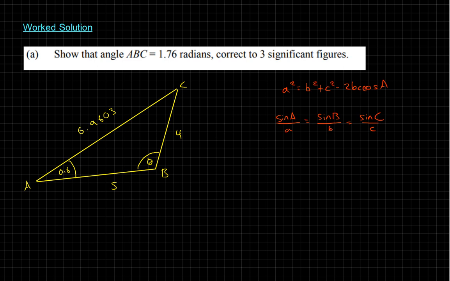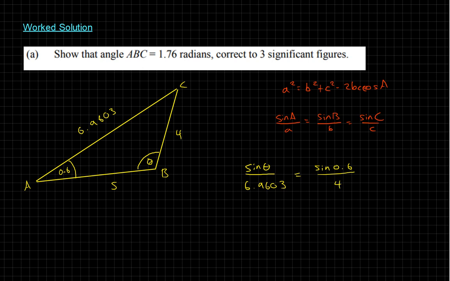In this case, I want theta, and I've got its opposing side, and we've also got 4 and its opposing angle here. So therefore, which way around is going to make the most sense? Let's say sine of theta, so sine of the angle divided by its opposing side, 6.9603, that must be equal to sine of 0.6 divided by 4.